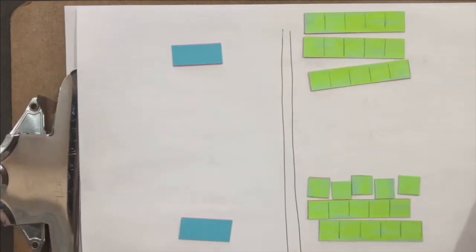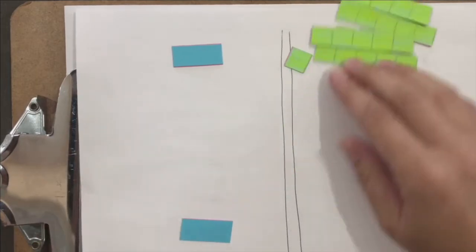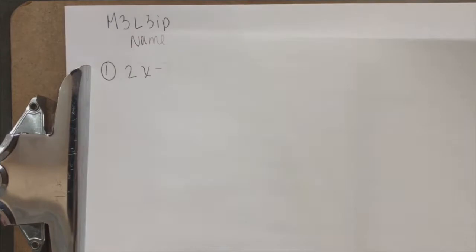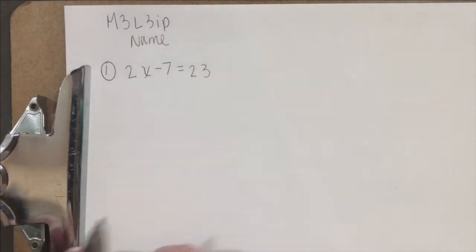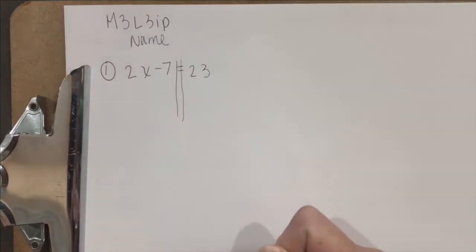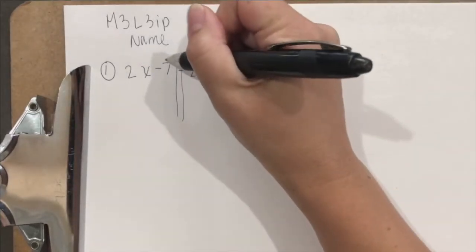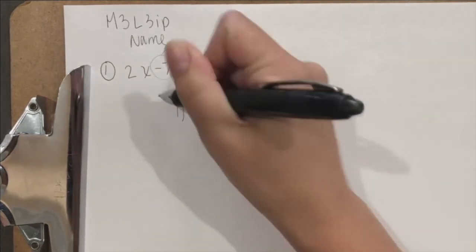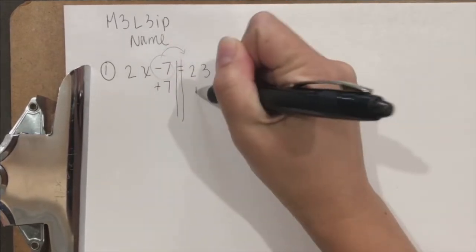Let's go ahead and show how to do this by writing it out algebraically. We're going to put the double line down the middle, and the process of flipping is the same thing as when we write plus 7 on both sides.